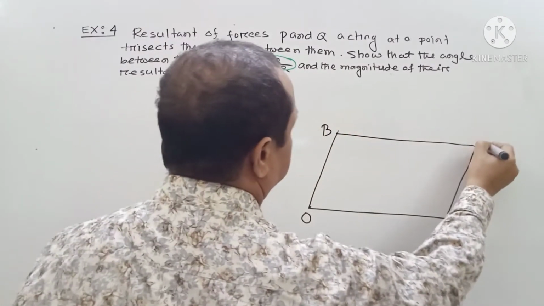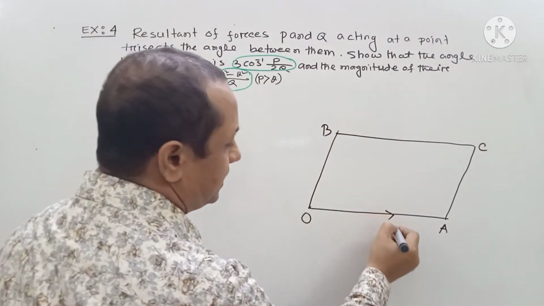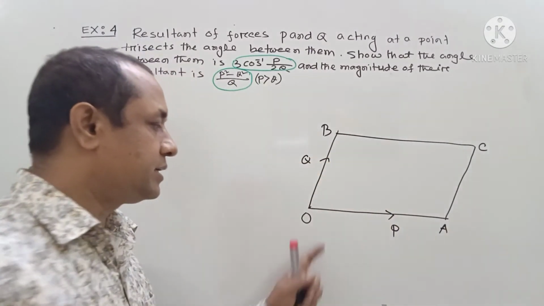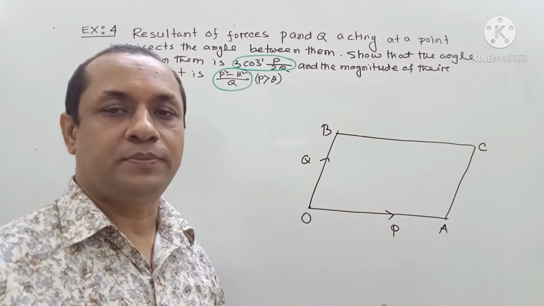OABC is a parallelogram, and let P and Q be two forces acting at a point O along OA and OB respectively.